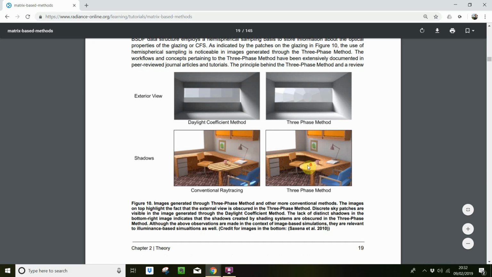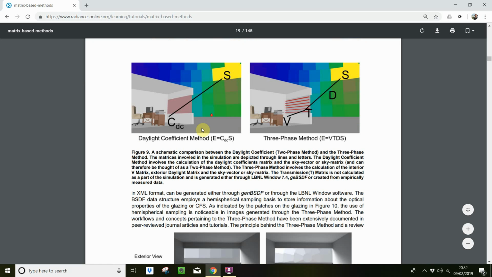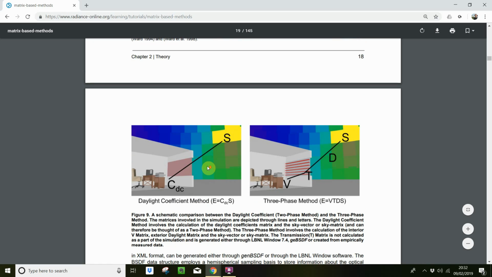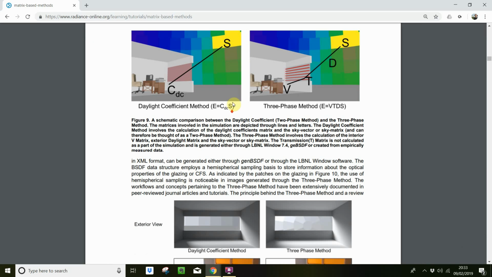And the last limitation of the three phase is you just need to be aware that the way you define it is by materials. If I define a window as my, let's call it glow material, everything of the same material will give exactly the same light distribution.